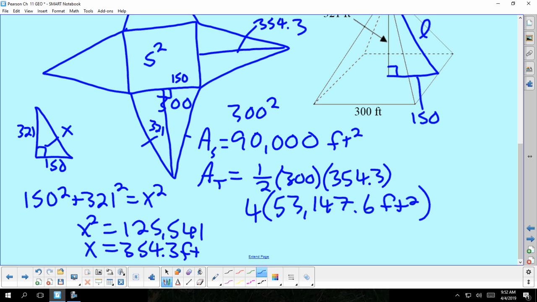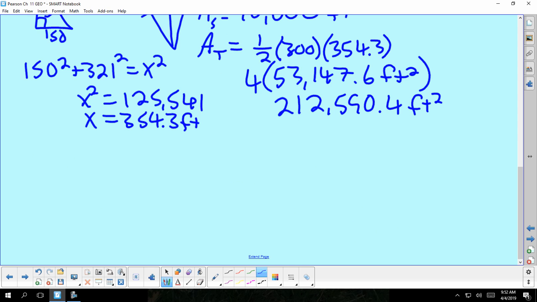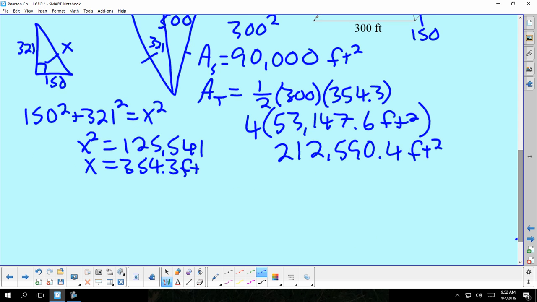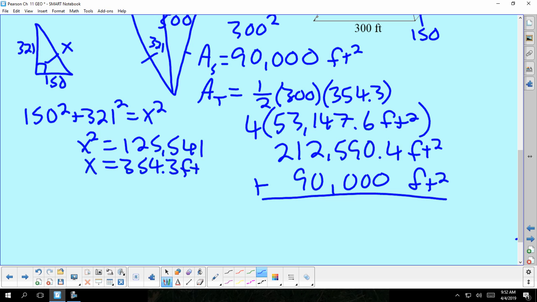I get the lateral oblique edges, 212,590.4 square feet. And I can add that to the 90,000 square feet that makes up the base. And I get a total surface area of this pyramid at 302,590.4 square feet.